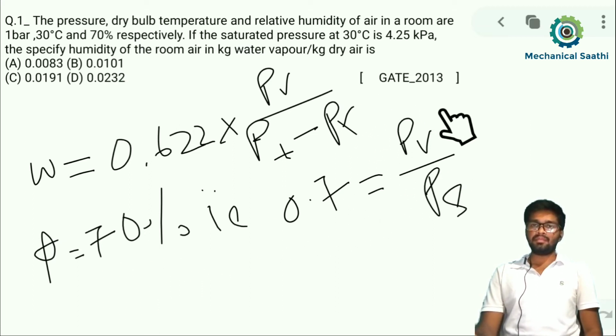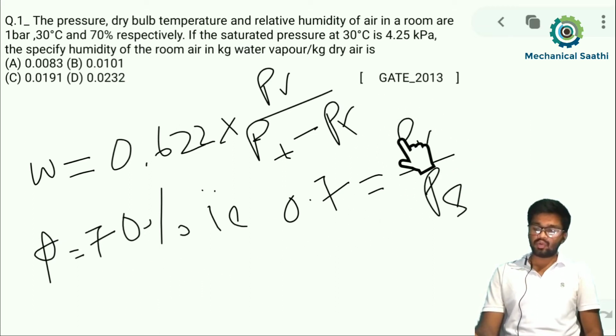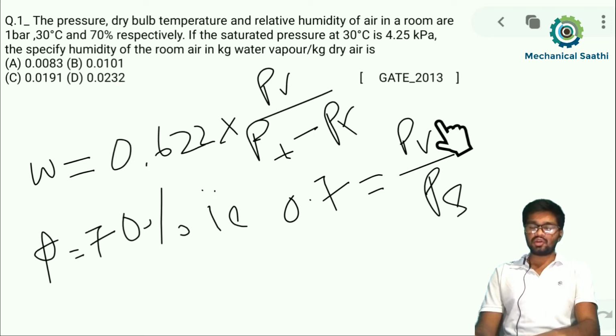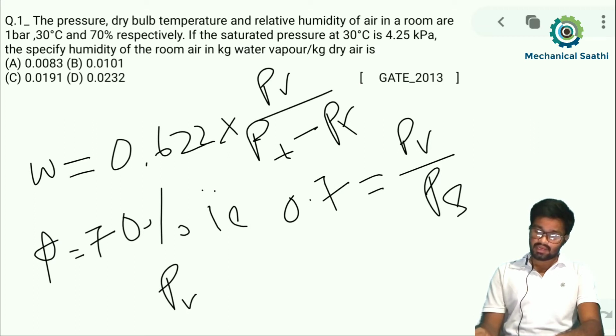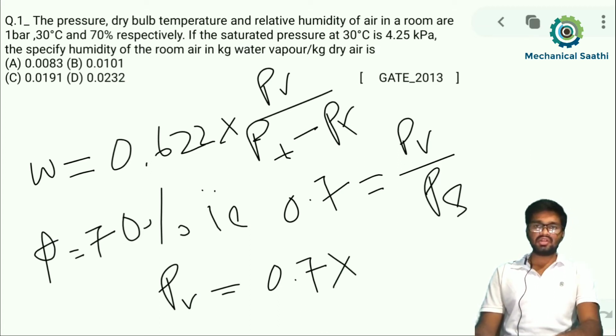Then simply by using the calculator, we can calculate the value of partial pressure of vapor, that is PV. So let us first try to find out that value. PV I can calculate by multiplying 0.7 and PS, the saturated pressure at the dry bulb temperature of 30 degrees, that is 4.25.